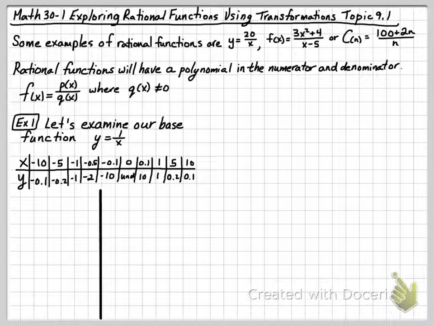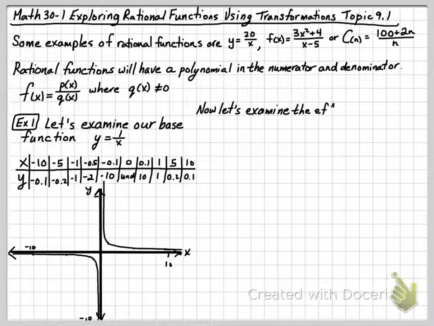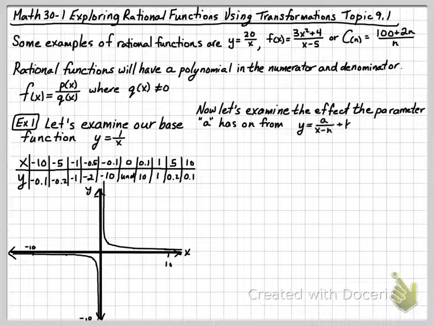Now if we plot these points on our graph, we're going to get a picture of what y equals 1 over x looks like. Plot some points, connect the dots, and you can see the graph of y equals 1 over x. There we go.